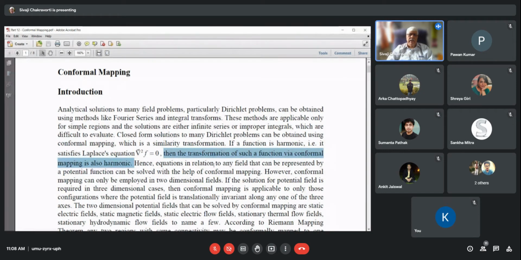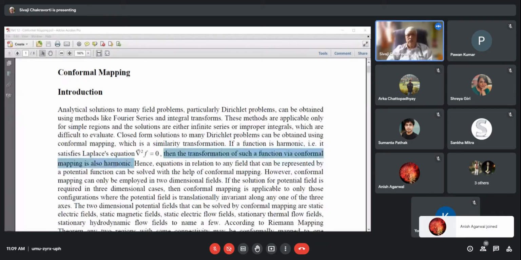Let's say I have a function which is satisfying Laplace's equation, and then I am mapping it through this conformal mapping, and naturally I will get another function, not the same function, but it can be proved that after the map, the function will also remain harmonic, which means that it will also satisfy Laplace's equation.